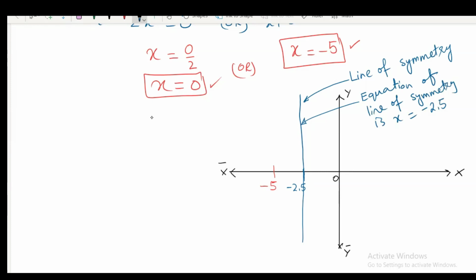So try to sketch the parabola. It was a minimum value function, so I am going to draw it and try to be symmetrical. Sorry, it is not symmetrical here. Again, I'm going to draw.